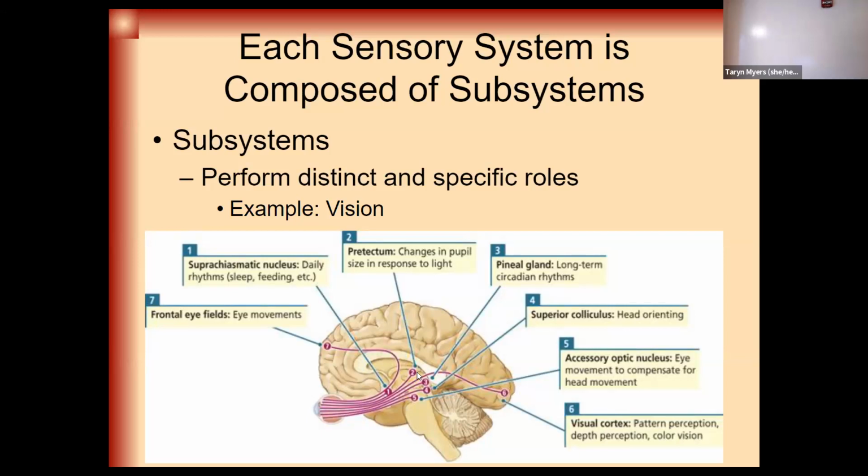And then here's the visual cortex, which is the part we think about when we think about vision. All right, but all these other groups are also related to vision in and of itself. And then other parts would be coming in somewhere around here. So that's kind of coming in at the same place, right?